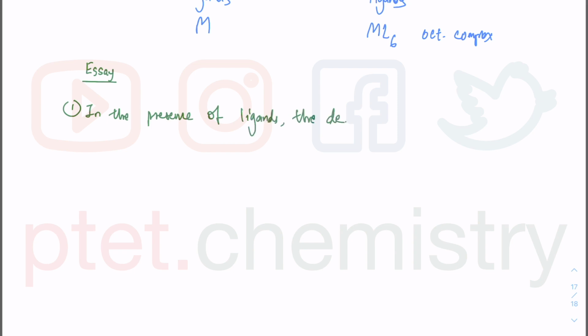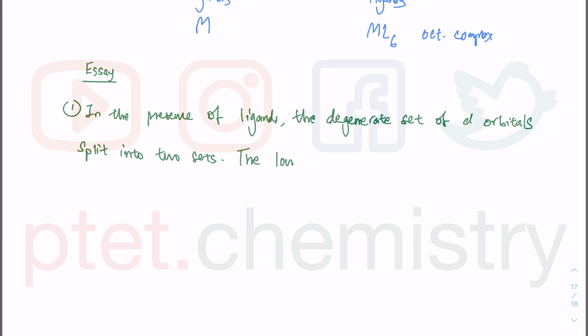the degenerate set of d orbitals, so those 5 lines refer to the d orbitals, become non-degenerate. They split into 2 sets.